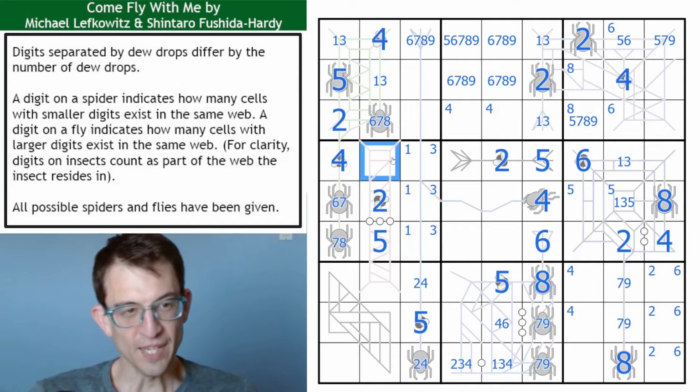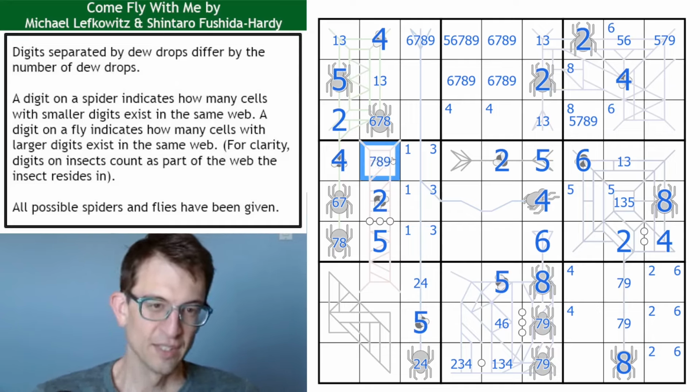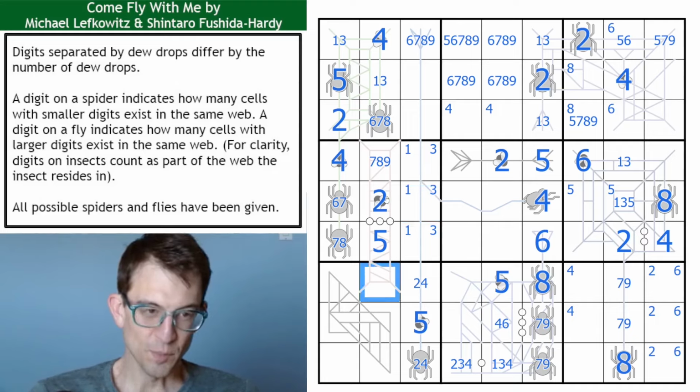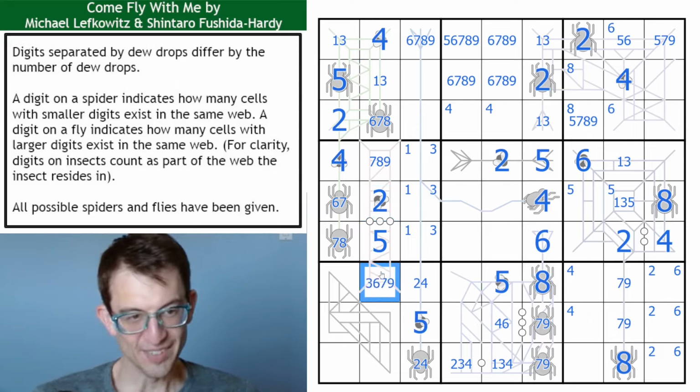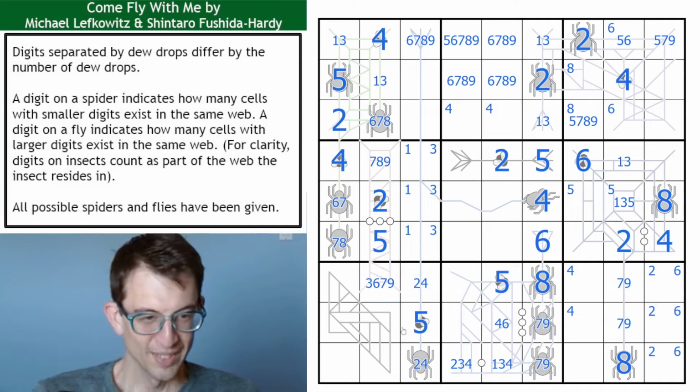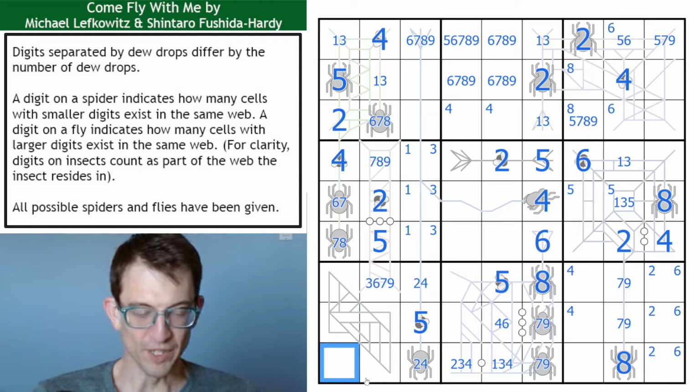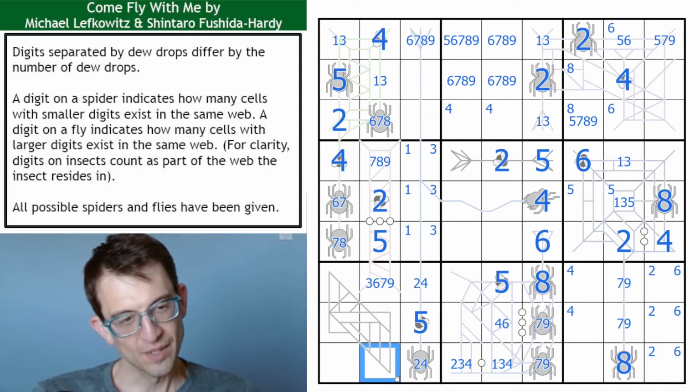So this is a pretty high digit. And this is bigger than 2. It's not 4. So it's 3, 6. That's too many digits. I wonder if I can put a 1 here or something.